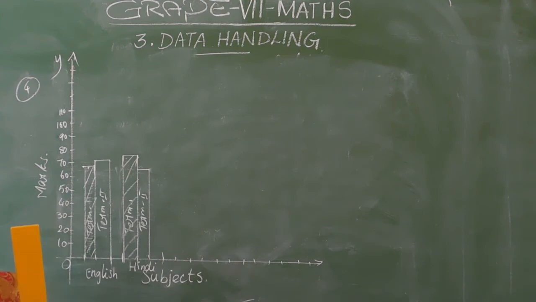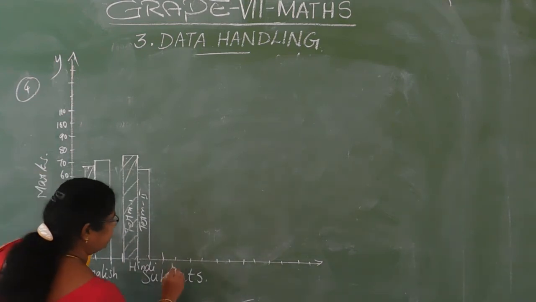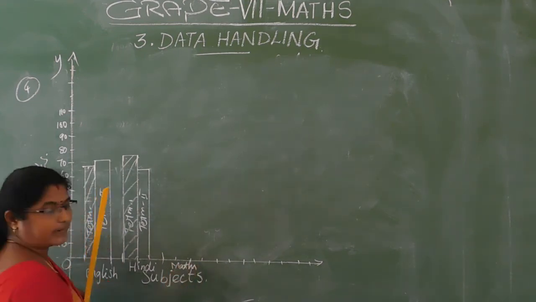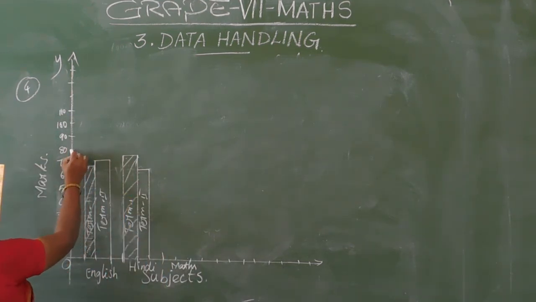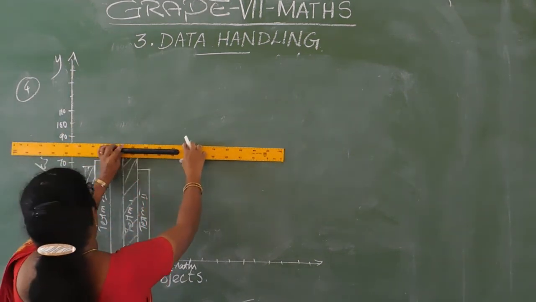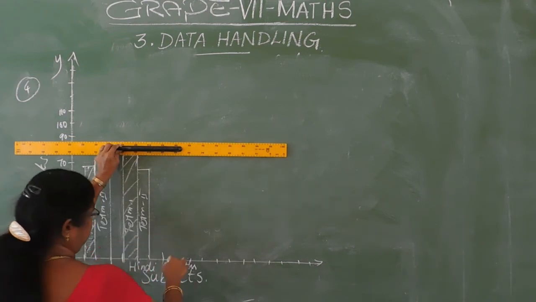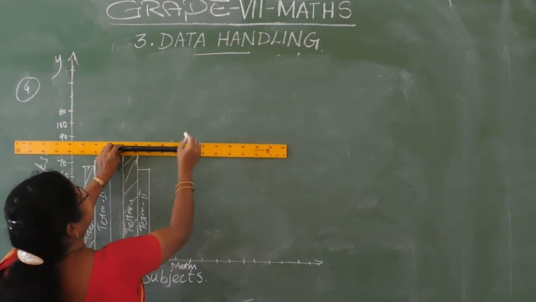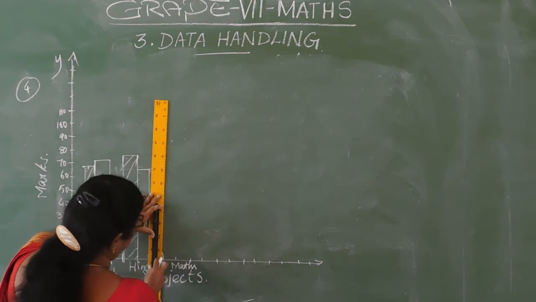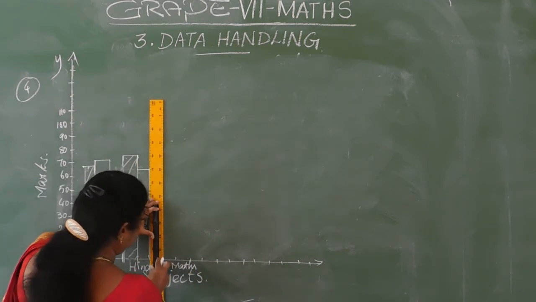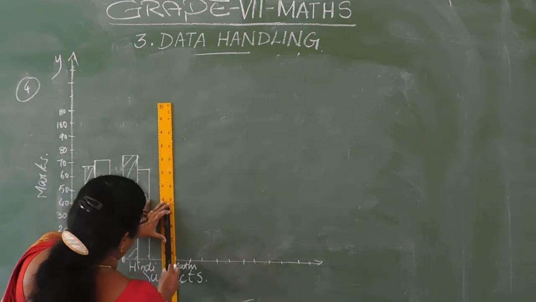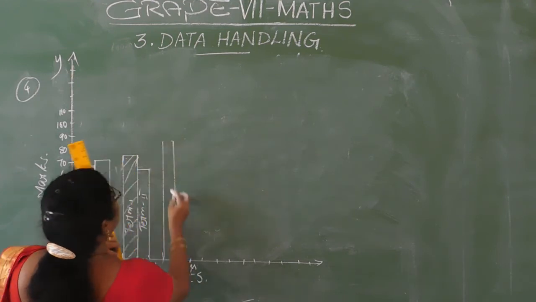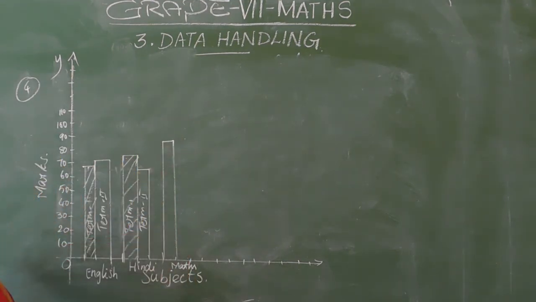Go to the next subject, maths. For maths, first term 88. 88 in between 80 and 90, that is 8th line. This 88, term 1.